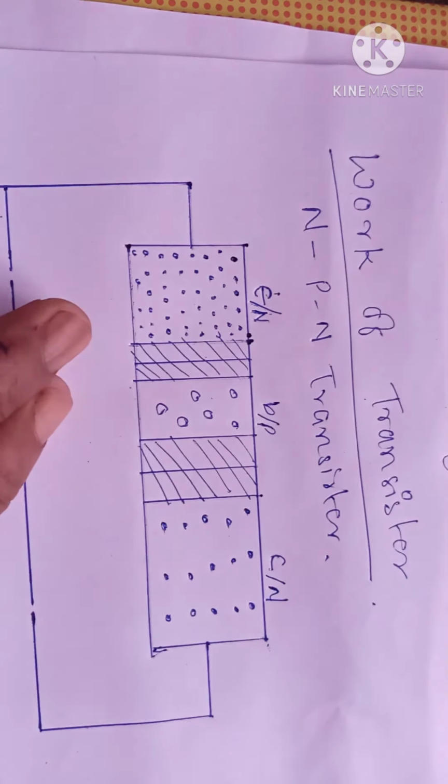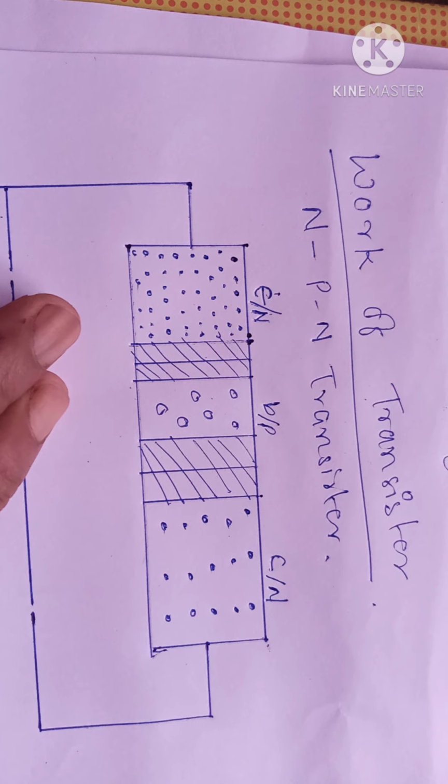We have given a voltage VEE, which offers a forward bias voltage to this NPN transistor.